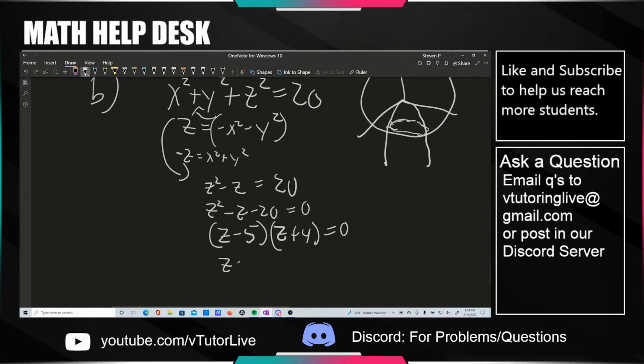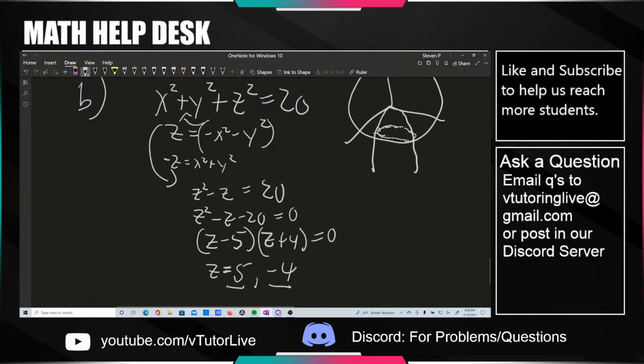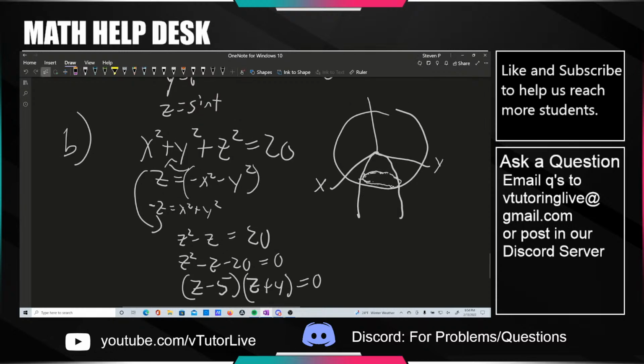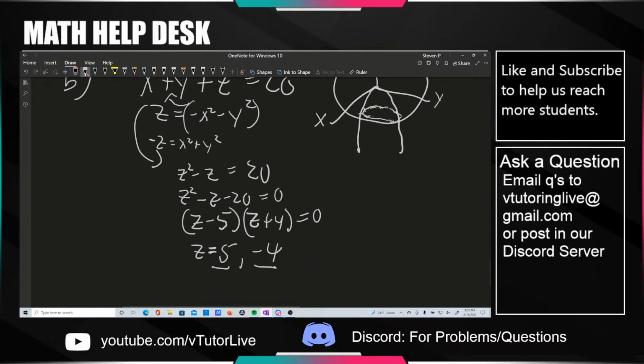So z is equal to either 5 or negative 4. And this is actually a little bit tricky because only one of these solutions is valid, right? If you look at this graph over here, the paraboloid doesn't even exist for positive values of z. So z is equal to 5 is just an extraneous solution introduced by our solving process.